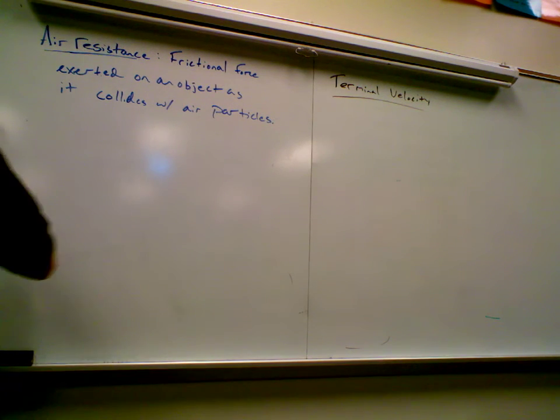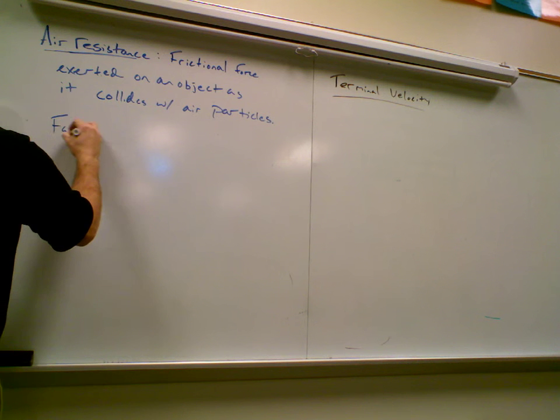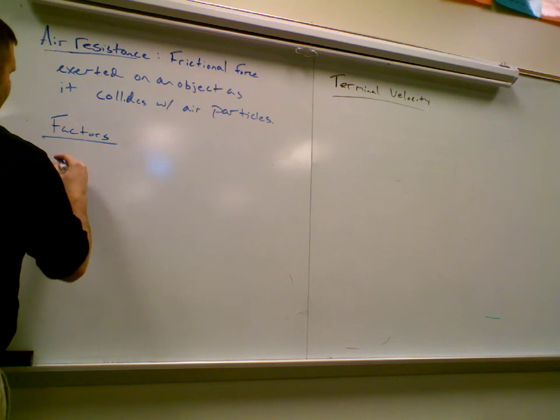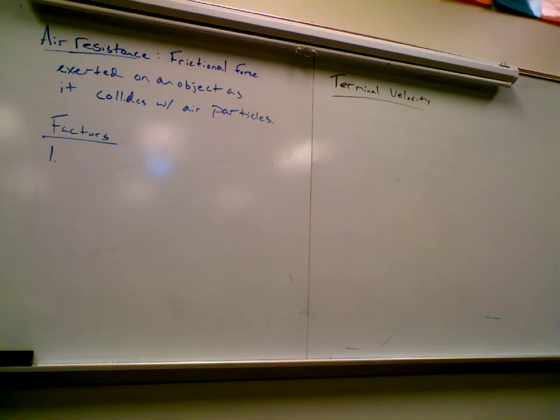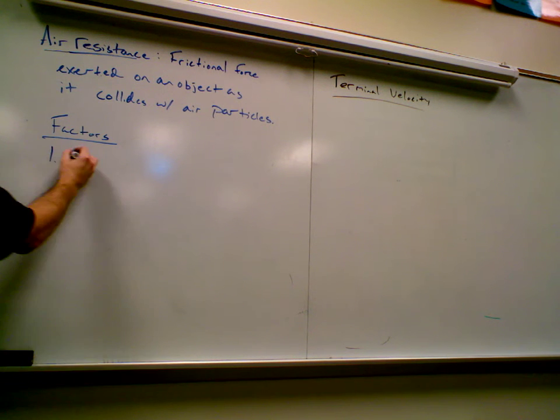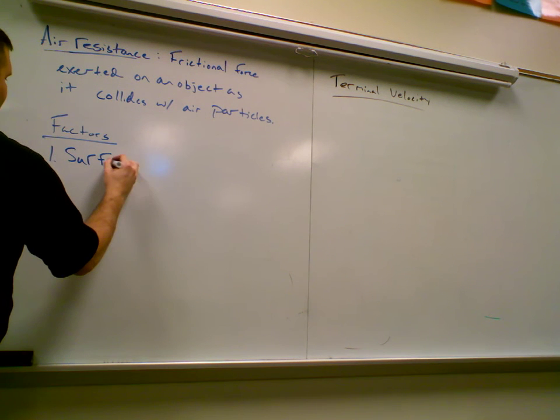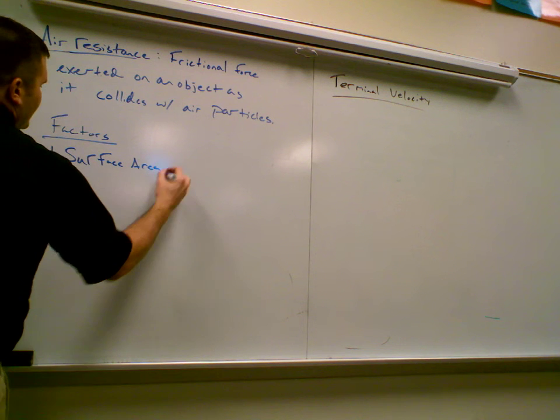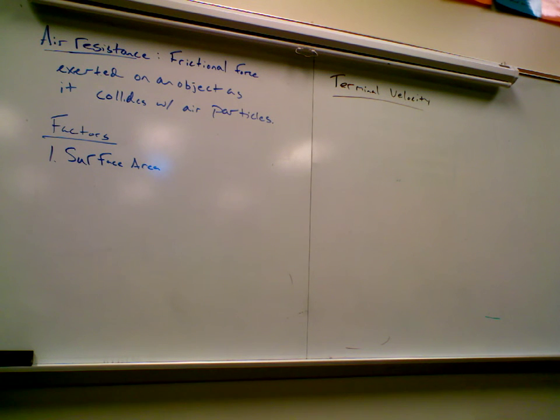There are 2 factors that affect air resistance. One is surface area. Another thing right here is cross-sectional area. Think about a car. You might not think of a car as a rectangle, but if I were to completely compress it down, it would look like a rectangle in the front.